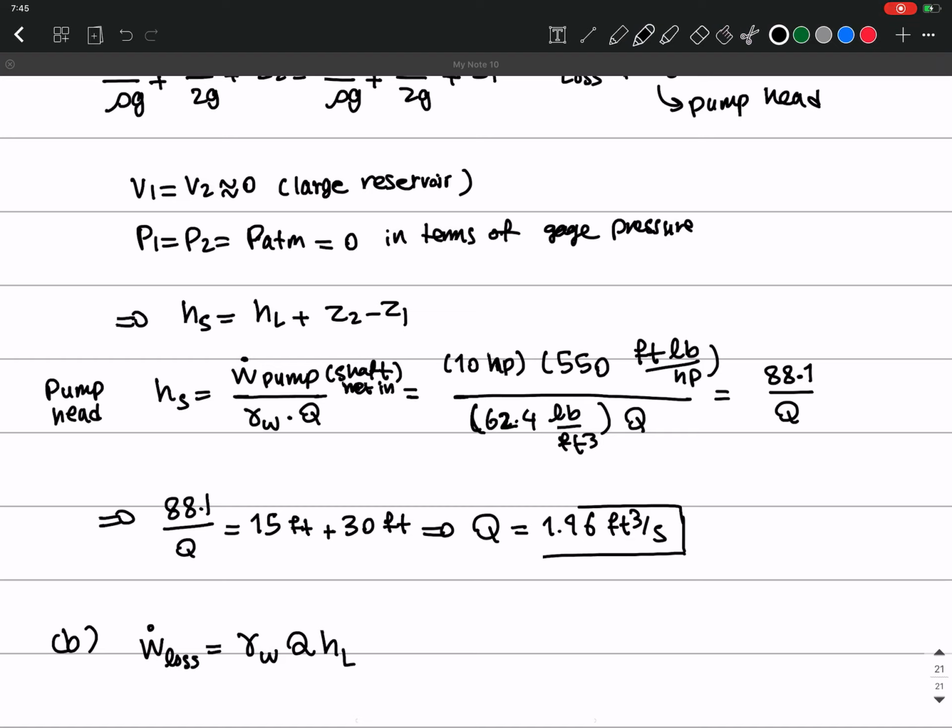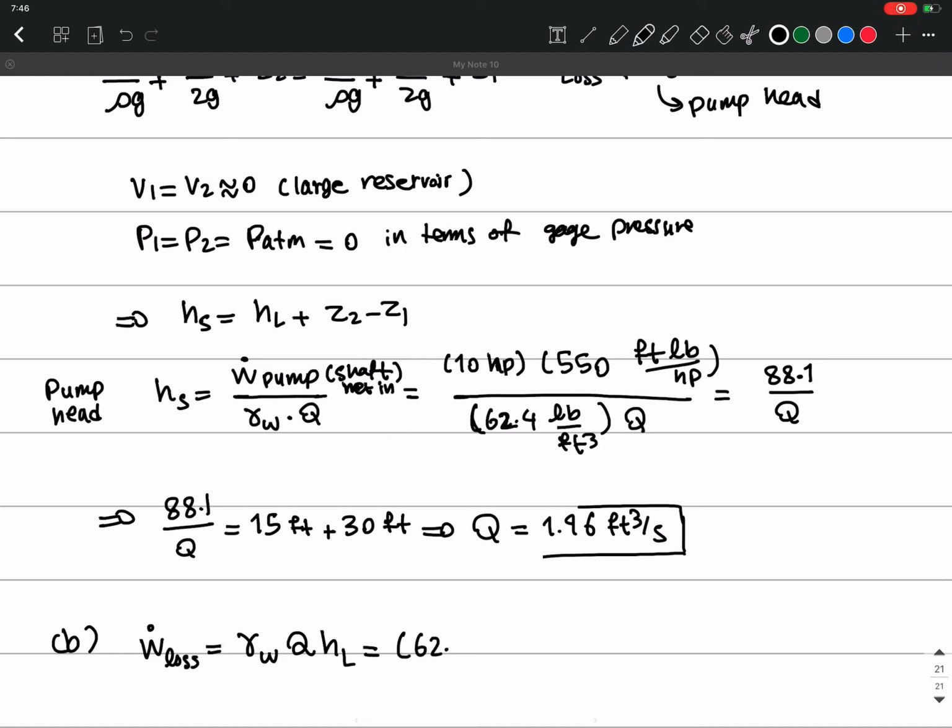This is the work associated with the head loss of the system. You have this formula here for pump, and this is going to be for the head loss. This is for the pump head, and this is for the head loss. Similar to that.